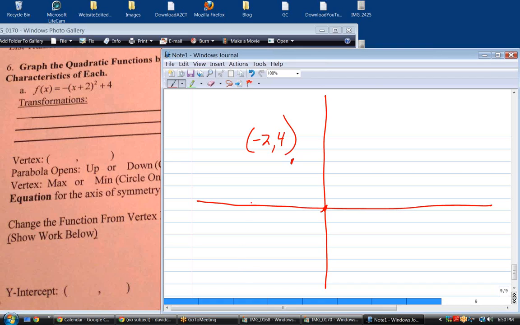Where is the other x-intercept? About -3. What is this point right here? -3, 0. How far away from the y-axis is the vertex?